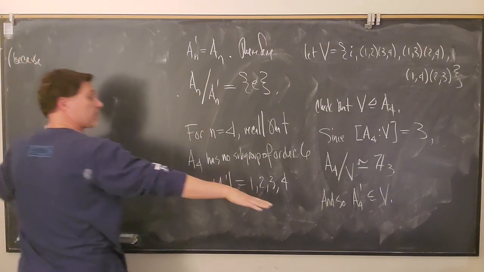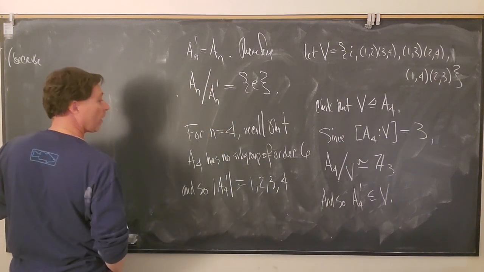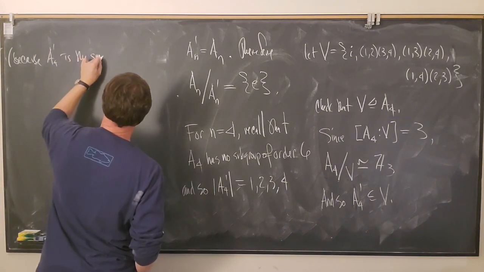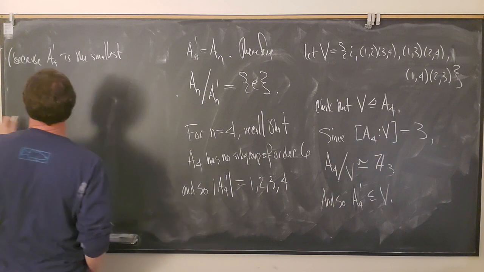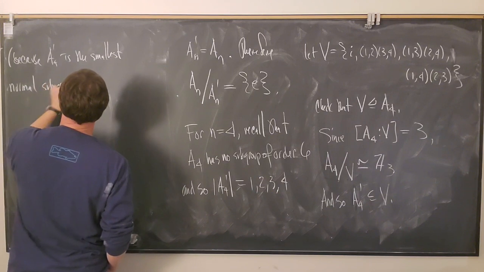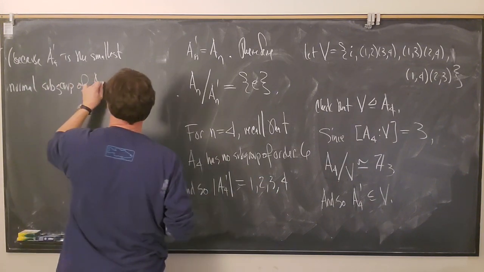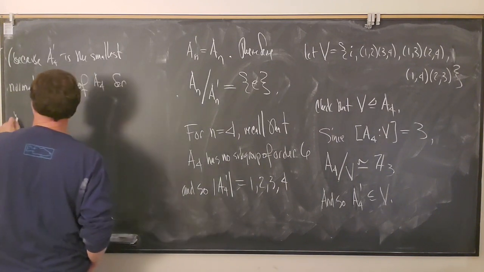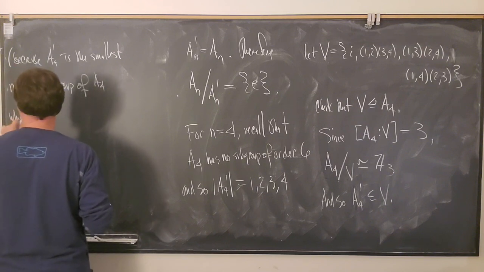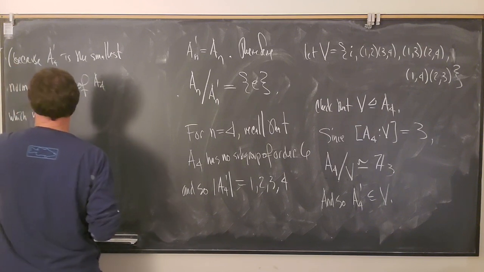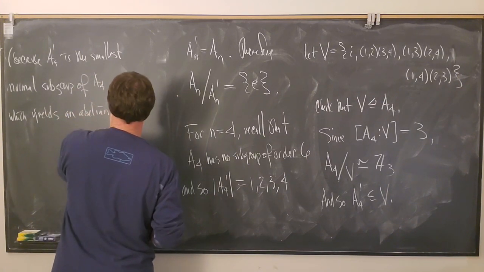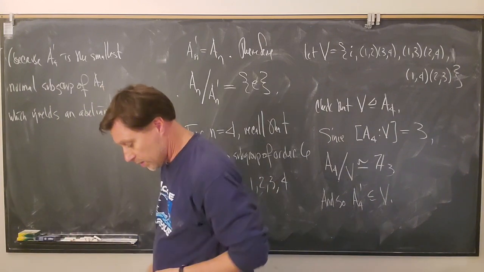So the reason I can say this is because A4 prime is the smallest normal subgroup of A4 which yields an abelian quotient.